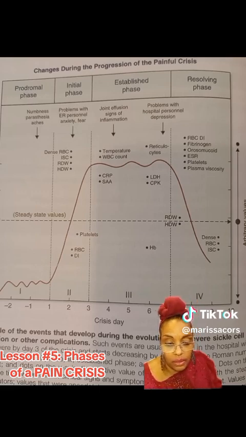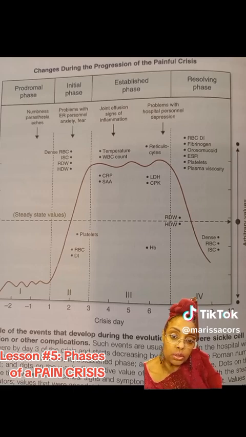And then the final phase is called the resolving phase. Basically, that's day 7 through 10. You see your pain scale going from 9 back down to about 2. Hemoglobin is returning to normal. White blood count is returning to normal.